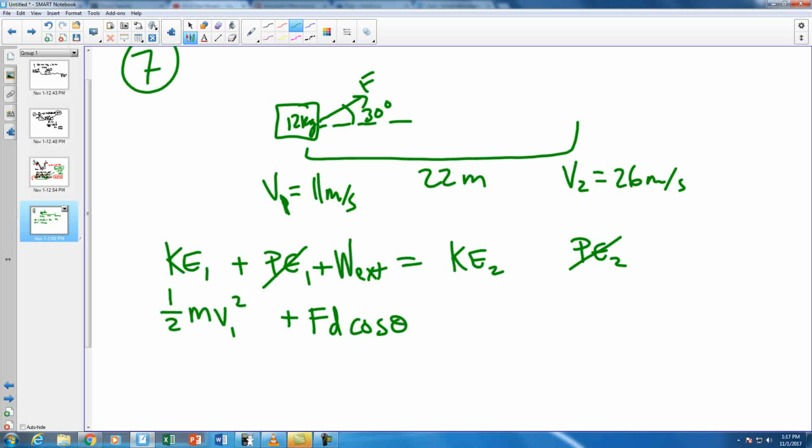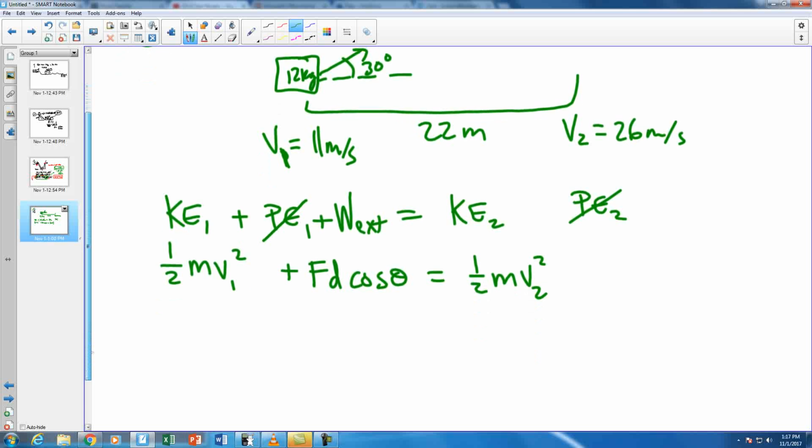Now, in a lot of the problems the angle theta turns out to be 0. In this problem, it's not. It's actually 30, so that matters. This should equal 1/2 mv2 squared. This is an example of a problem where the mass doesn't cancel, because the Fd cosine theta in the middle doesn't have m as part of its equation.